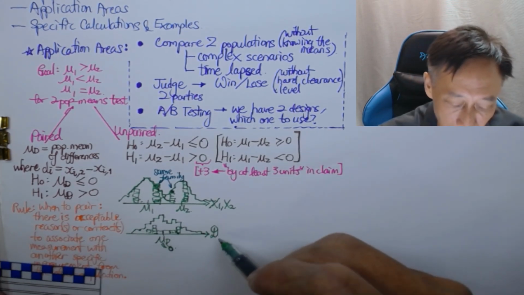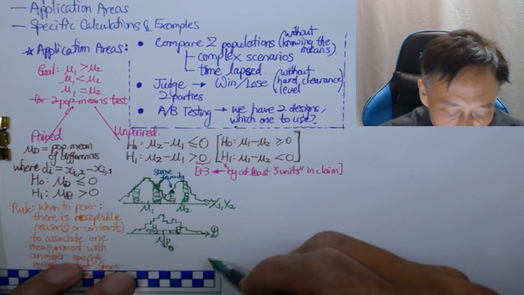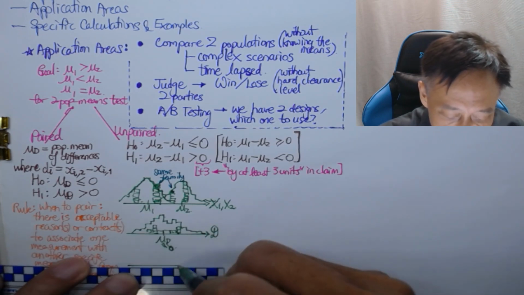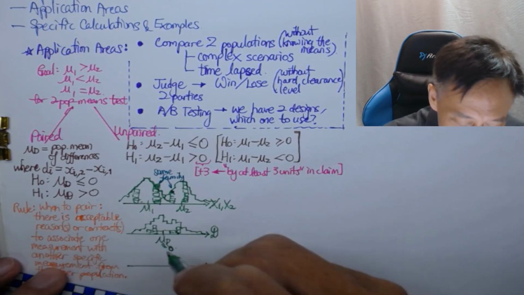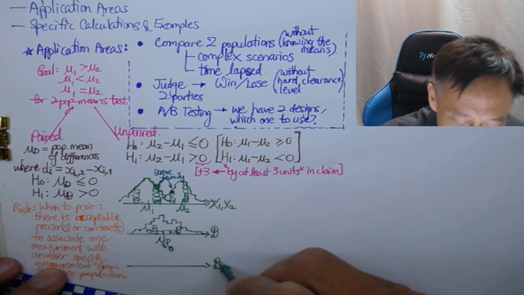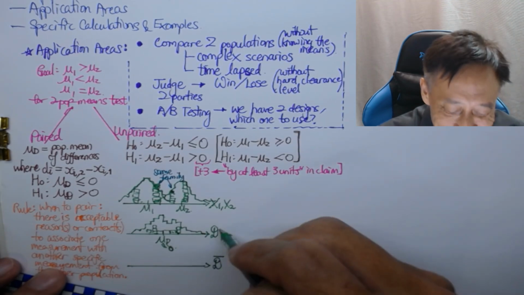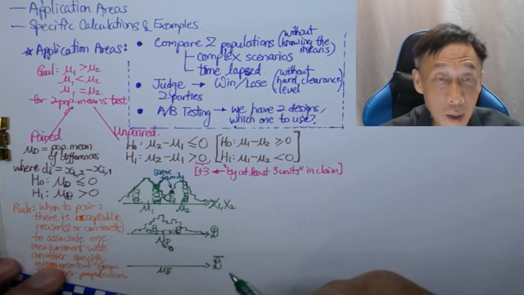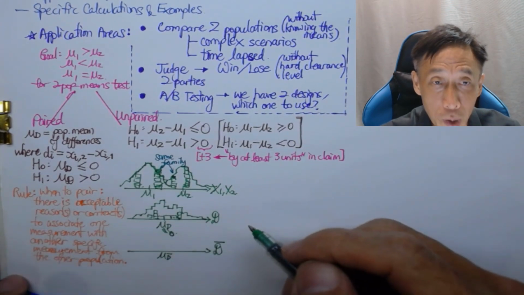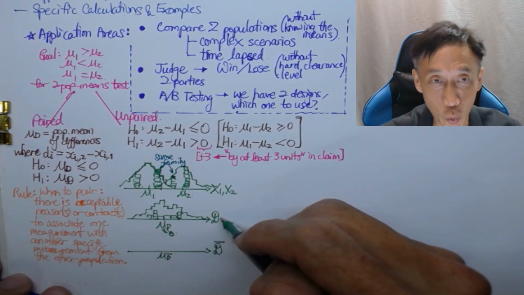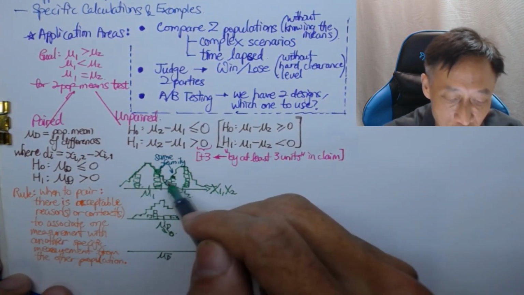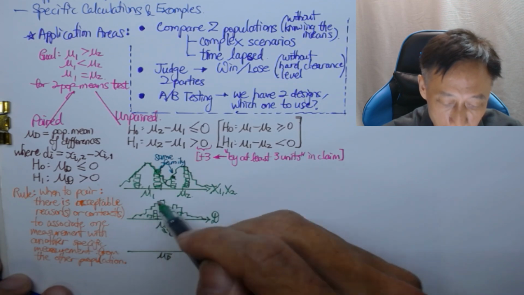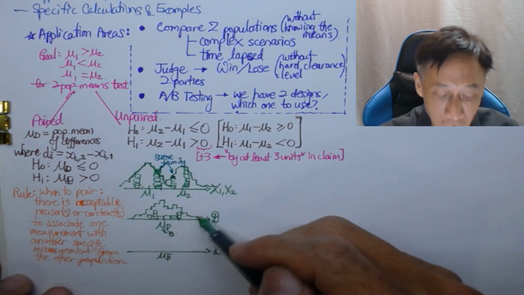So I'm going to get this, and from here we will construct our D bar. This is mu D, and our sampling distribution of the sample mean of the differences. From the one population case, because now it has been reduced to one population, at the individual data level we construct a new population.